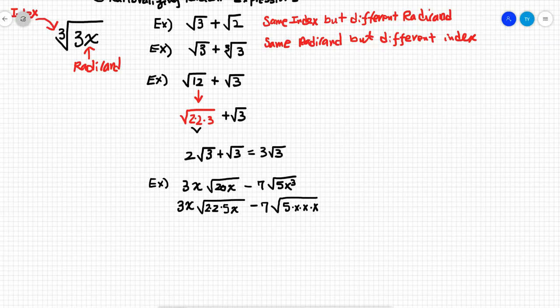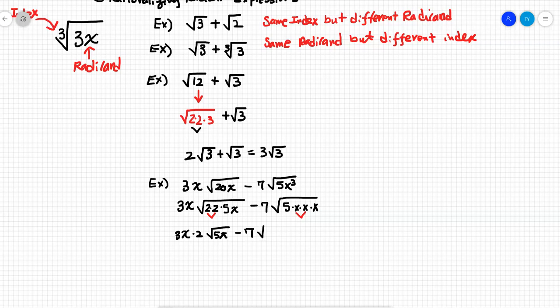So as you can see here, the two 2's come out as one 2 outside, and then these two x's come out as one single x. So let's just take that out. You got 3x times 2 times square root of 5x, minus 7.